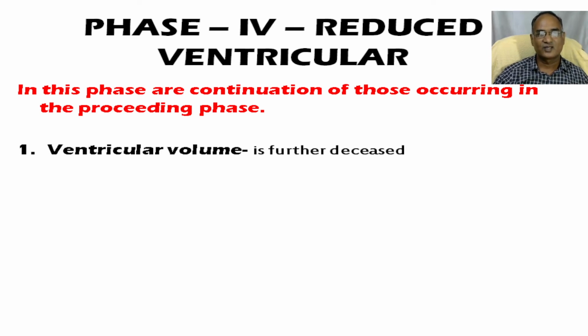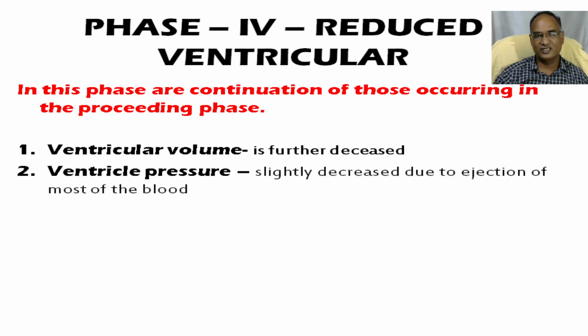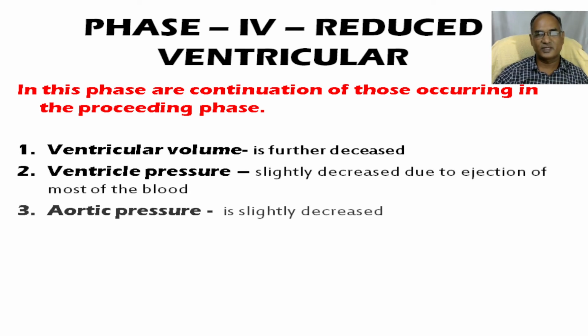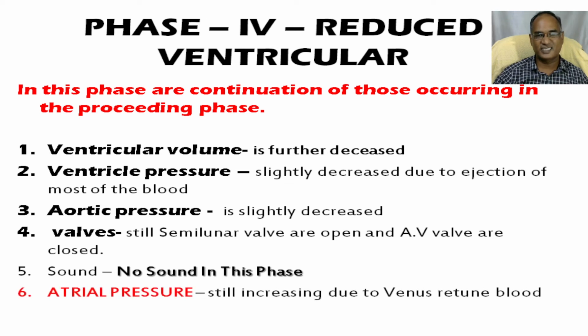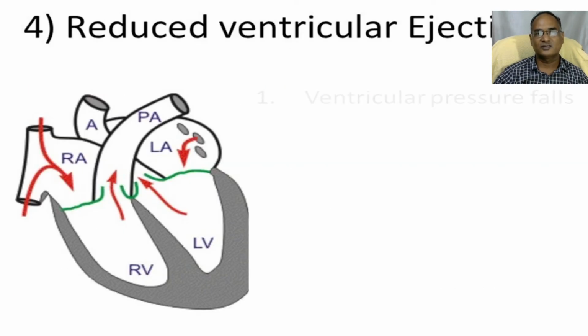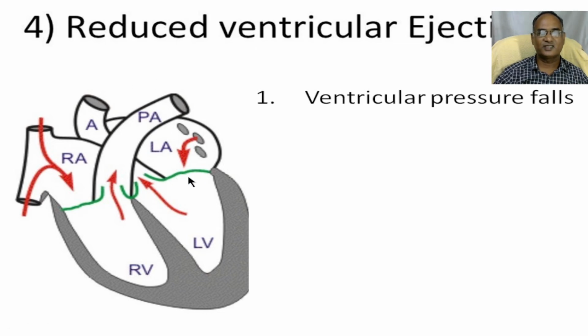Ventricular volume further decreases, ventricular pressure still decreases, and aortic pressure still slightly decreases. The semilunar valves are open, the AV valves are closed, and there is no sound in this phase. Atrial pressure is still increasing due to venous return blood. So this is about the valves. AV valves are closed.